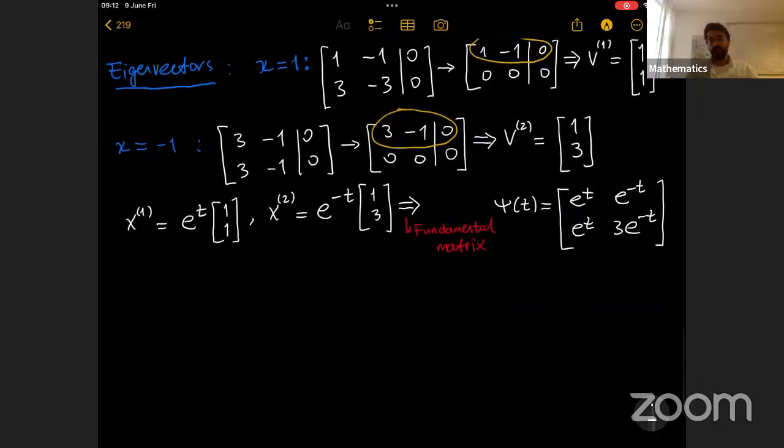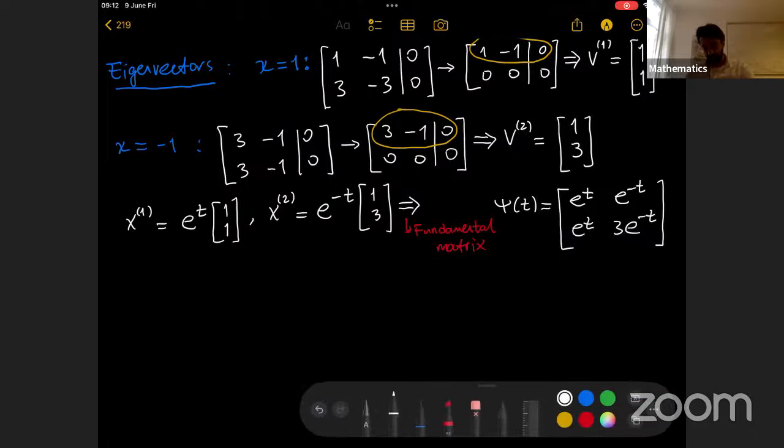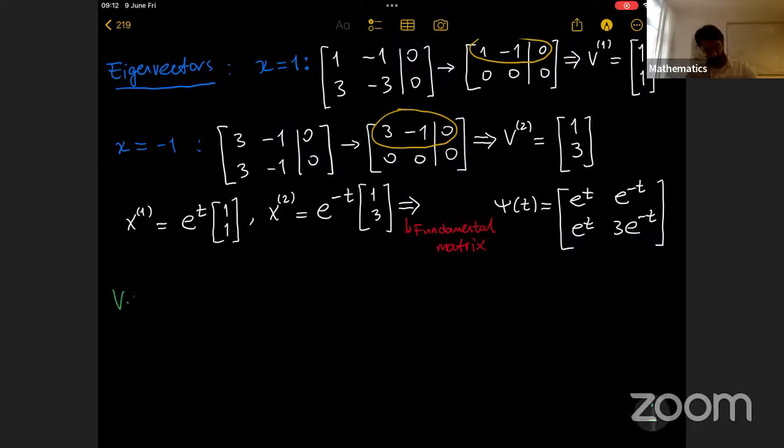Now we will apply the variation of parameters, and remember, in the variation of parameters, we need the inverse of this matrix.